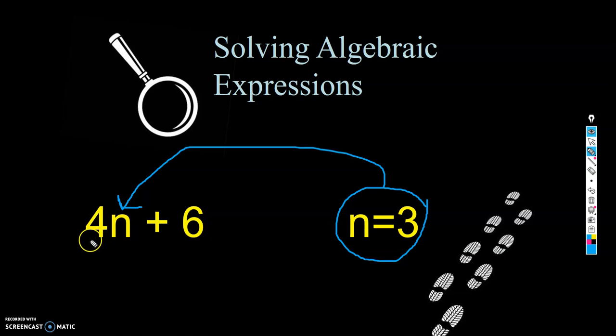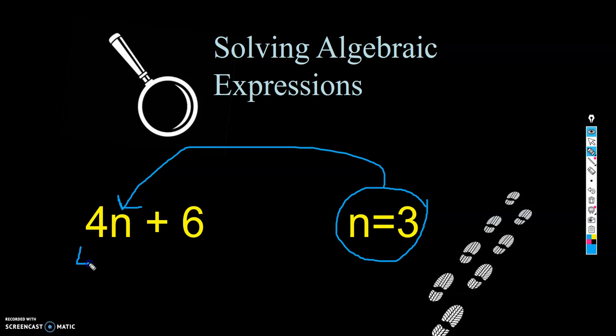Here is something that's very important, and I don't want you to forget this, especially as you move to 7th grade, 8th grade. This is going to follow you. When I have a term that has a constant and a variable together, in other words, I have a number and a variable together, these two are multiplying. This is the same as saying 4 times n.